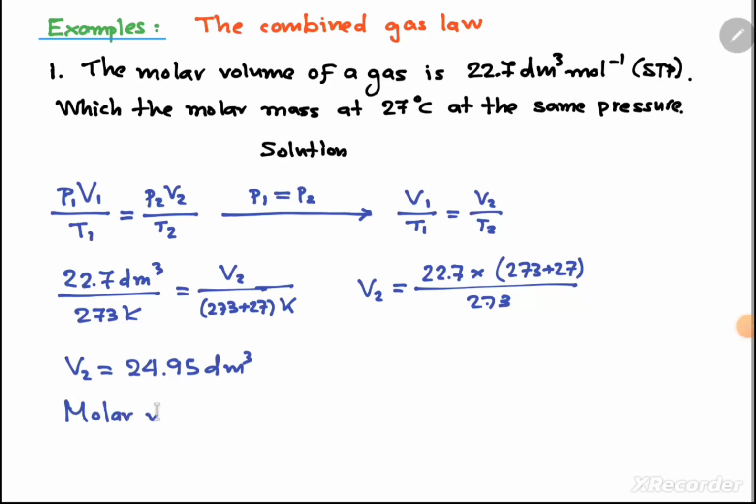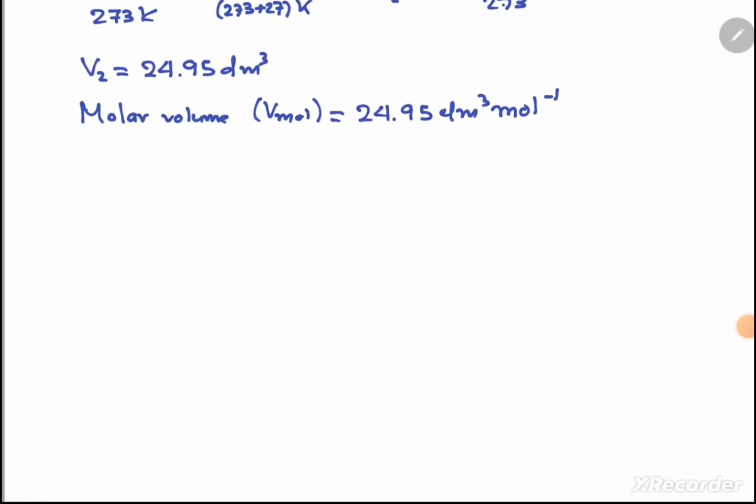So the answer is that molar volume is equal 24.95 dm to the cube mole to -1. Be careful.